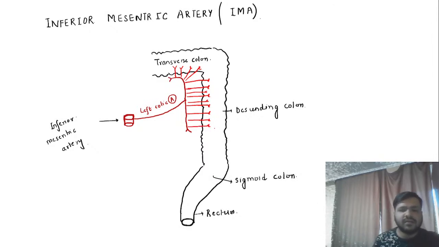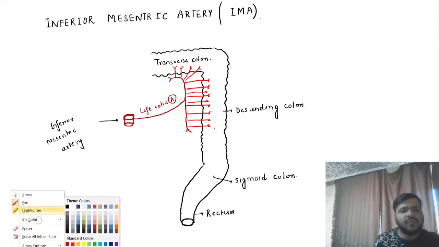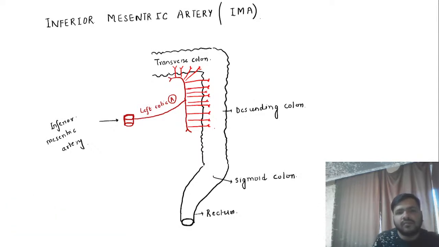Now apart from that, you are all aware that one more branch will be coming from the inferior mesenteric artery, which are basically 2 to 3 in number, and these branches are the sigmoidal arteries. One branch will anastomose with the lower branch of the left colic artery.